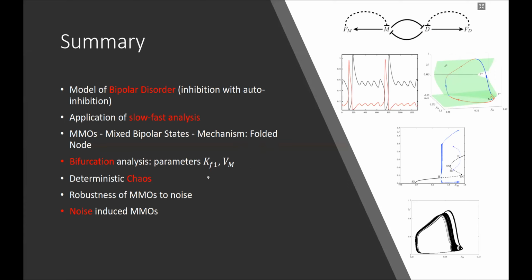We show evidence of chaotic oscillations. And last but not least, we study how noise affects the robustness of MMOs, and we propose a minimal model that exhibits the same behavior, but this time the MMOs are noise-driven.